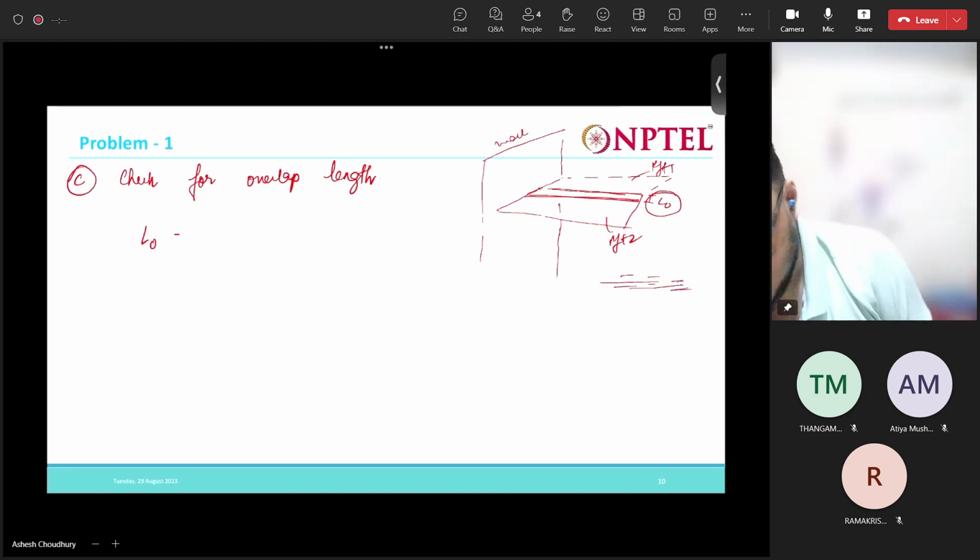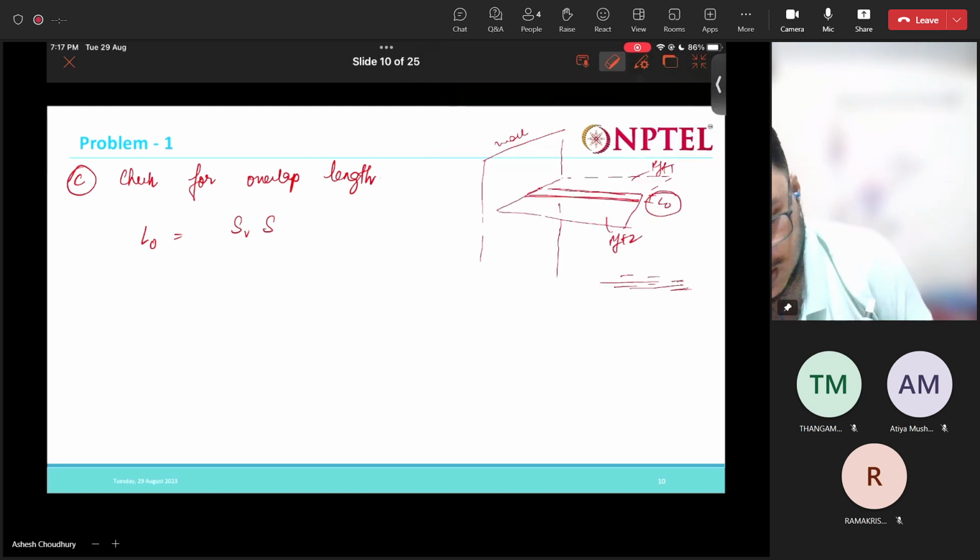Here we will be using a similar expression to what we used for pullout, but with a little change. What is the change here?